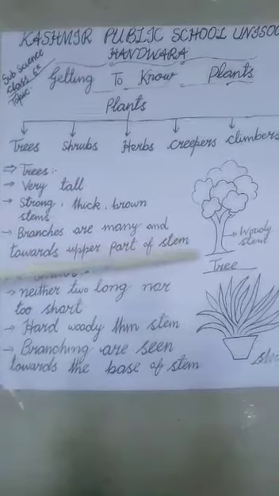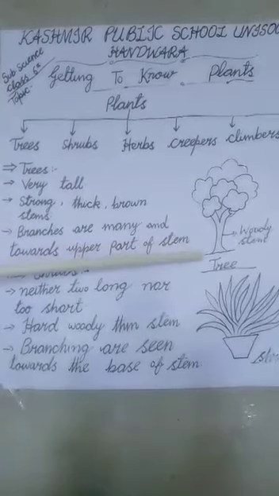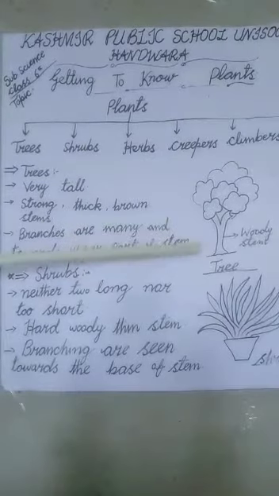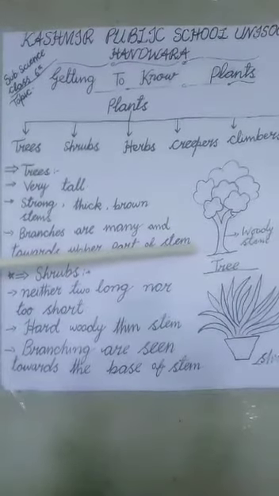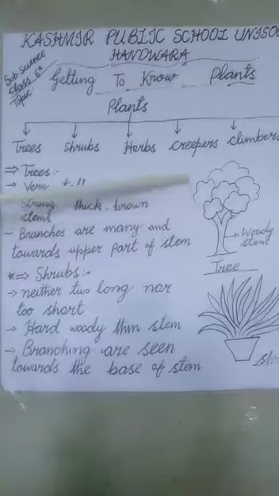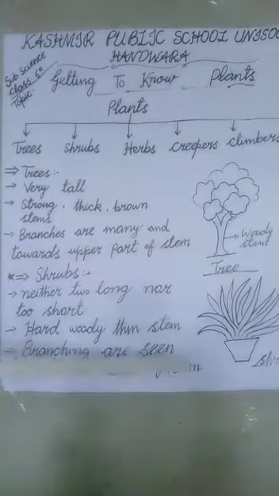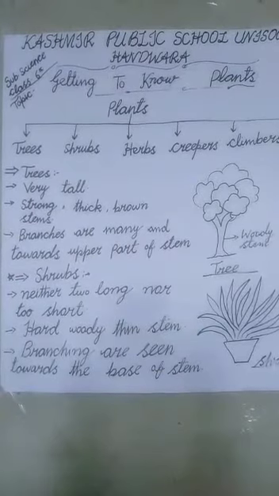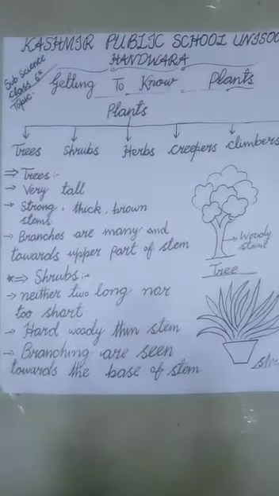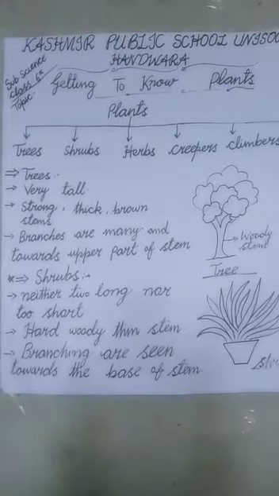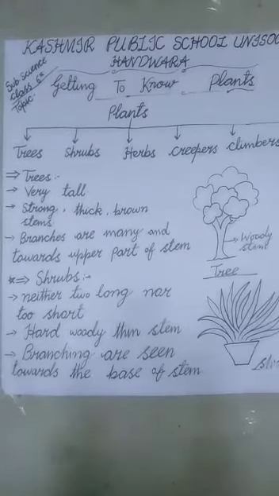So, dear listeners, trees are huge. When you talk about them, they are definitely very tall. If you compare the height of trees with your height, how would you see? You see that trees are much bigger than you.